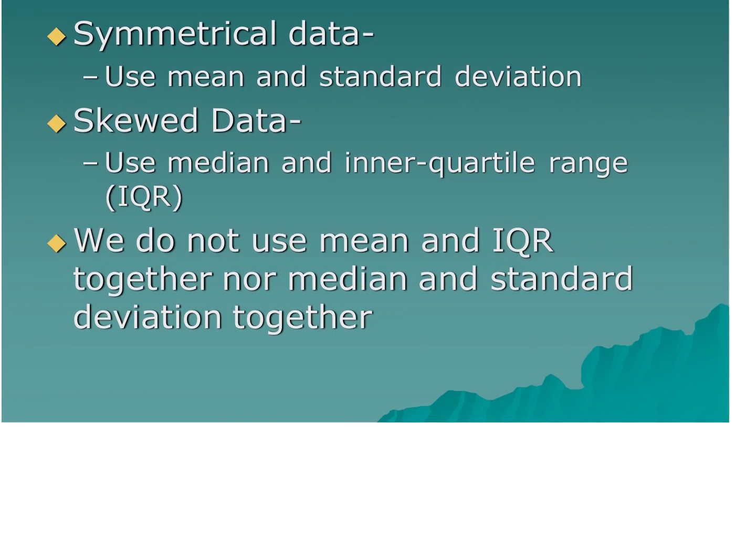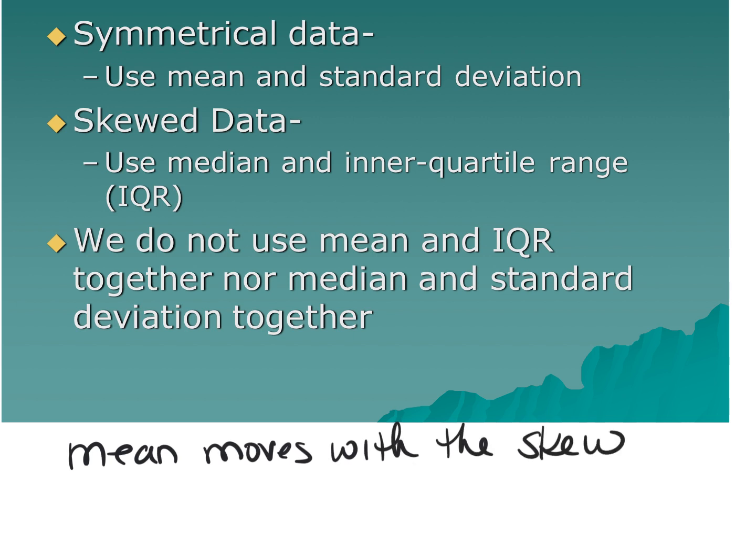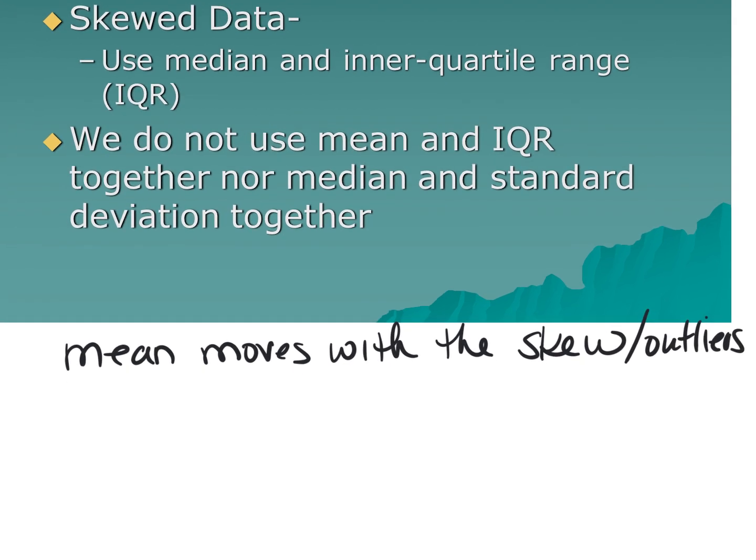Now another thing we need to know is that the mean moves with the skew or outliers. If it's skewed right, the mean moves to the right.